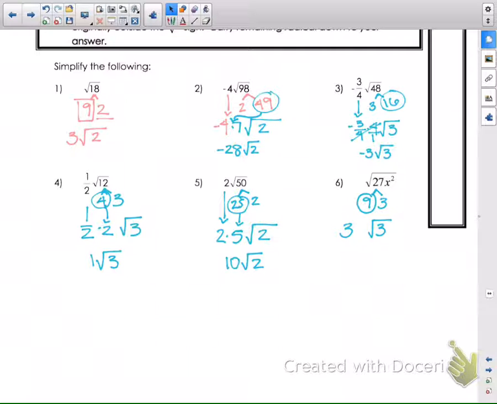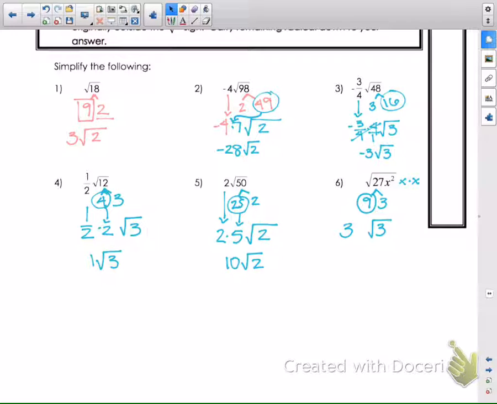Now I deal with the x squared. Okay, anyone know how to? Okay, we can think about x squared as x times x, right? Well, what makes a perfect square a perfect square? Like our whole list that we had there. Why is 16 a perfect square? Because it's 4 times 4, right?